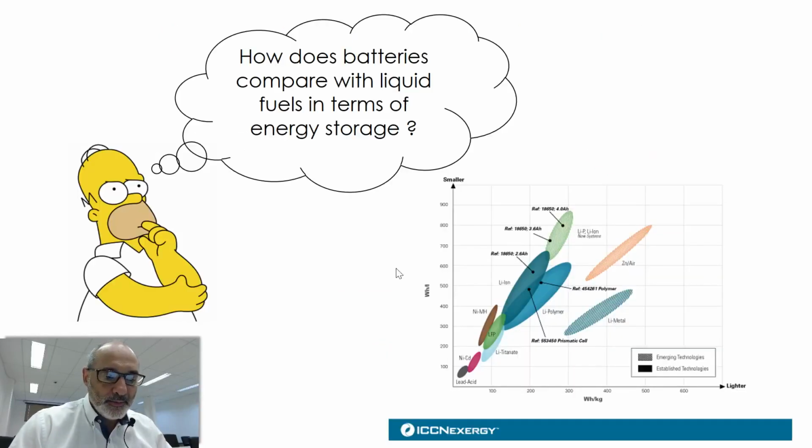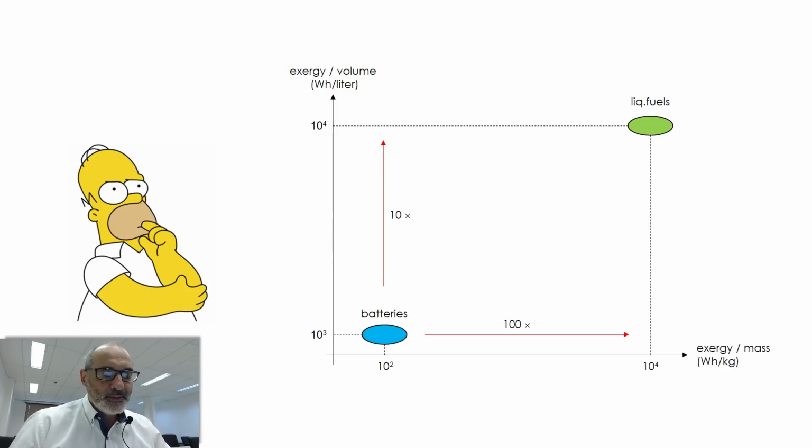So we can make this graph. We can add liquid fuels here or here, I don't know. But when we do the energy calculation, we use exergy. And that's the point. When you do this, that's the result.